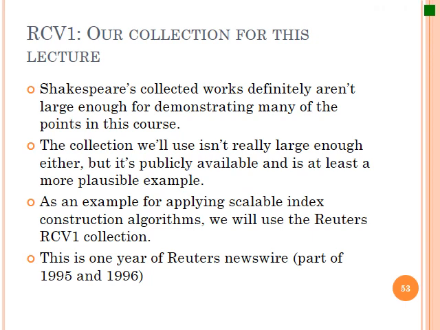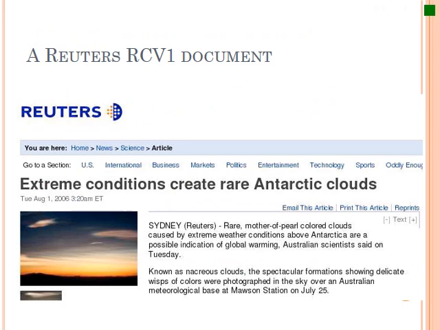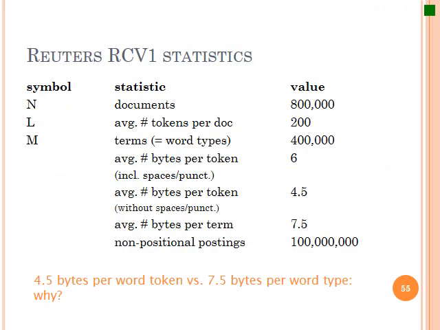RCV1 is a one year collection of Reuters newswire, part of the 1995 and 1996 news. This is what an RCV1 document looks like. It contains a title of the news, date, time, and then the body of the news.